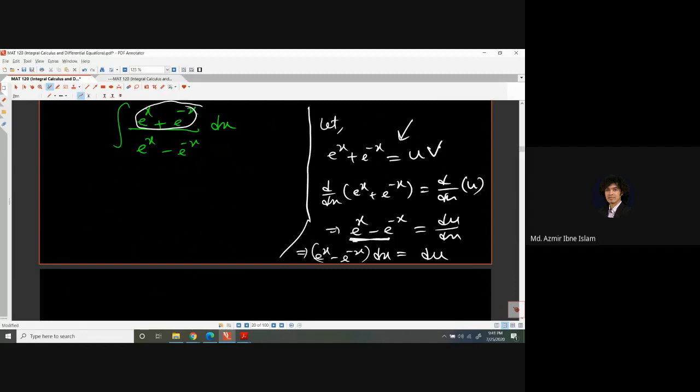So the steps are: step 1 is to take a function as u. In step 2 we differentiate with respect to the independent variable, and in step 3 we keep the x terms on the left side and the u terms on the right side. Now you can see that we have taken the upper function as u, but finally we found e to the power x minus e to the power negative x dx.